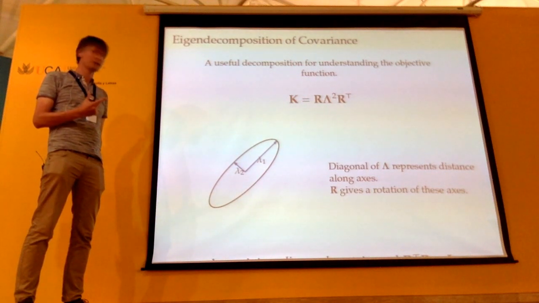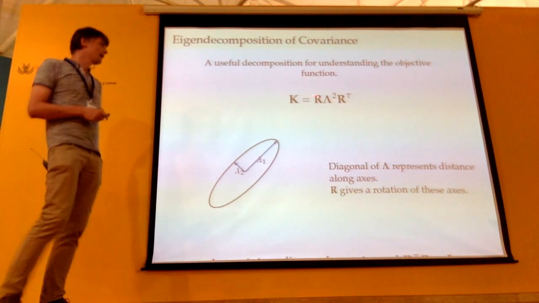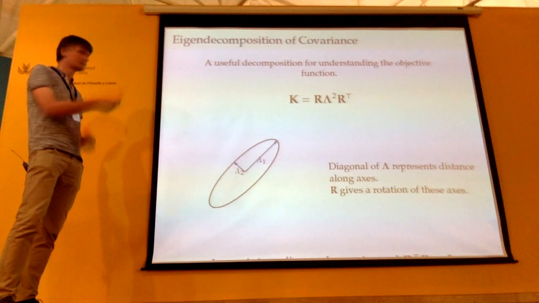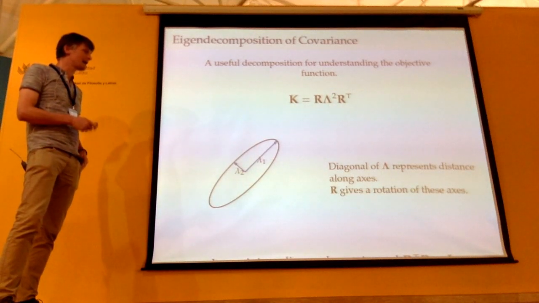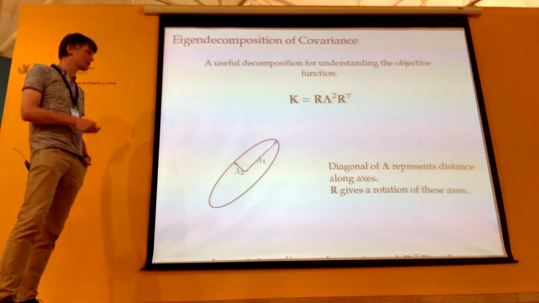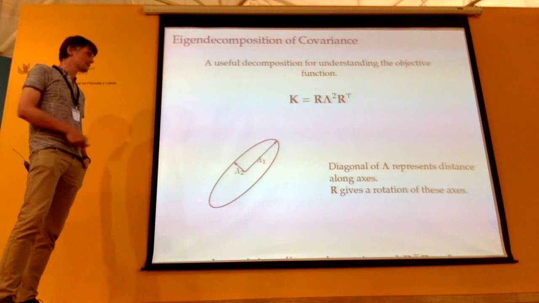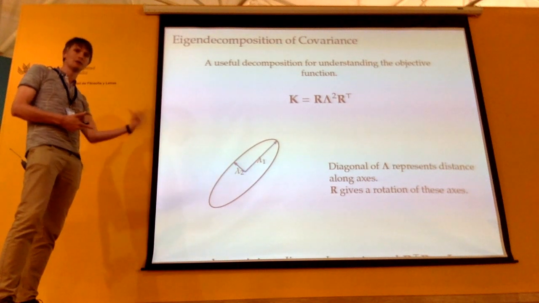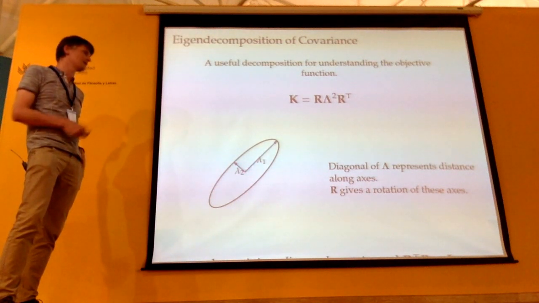It's an orthogonal matrix. So those eigenvectors represent a basis that gives this a rotation. And the eigenvalues, lambda, represent a scaling. So what I've shown you here is an ellipse of the two-dimensional Gaussian process. It's got two eigenvalues and two eigenvectors. The eigenvectors are giving me a rotation, and the eigenvalues are giving me the scale.